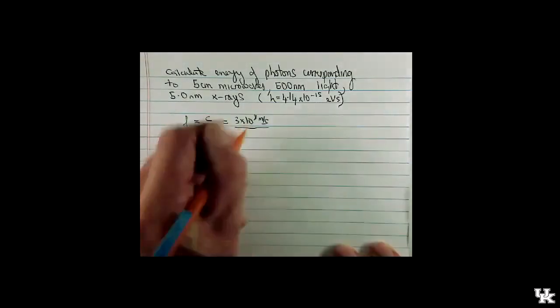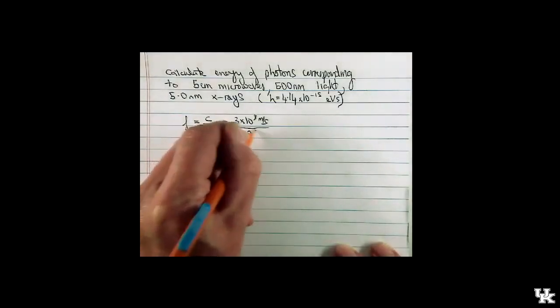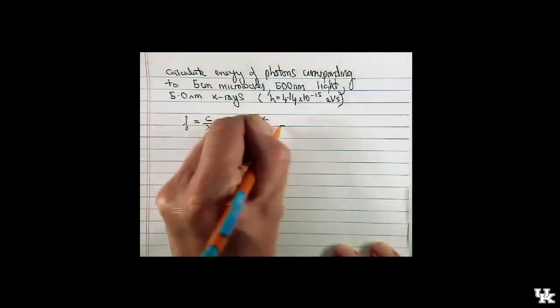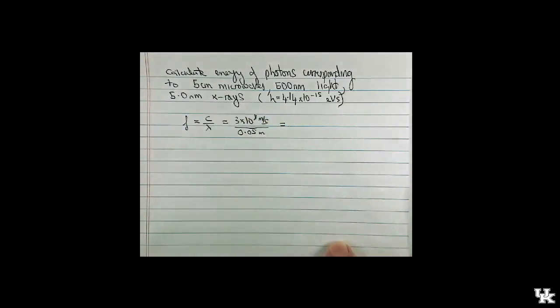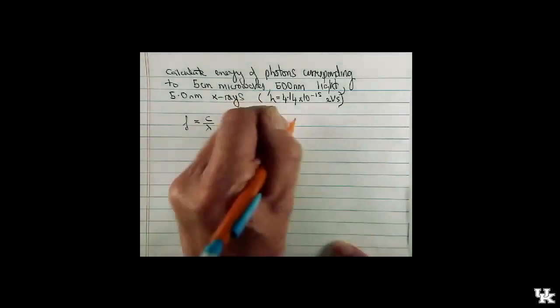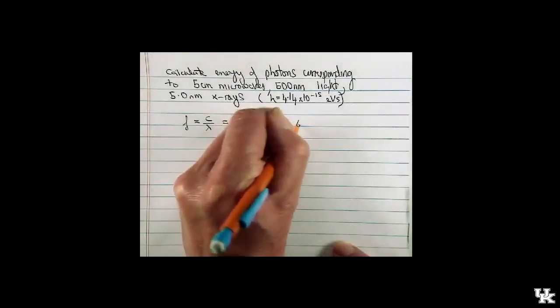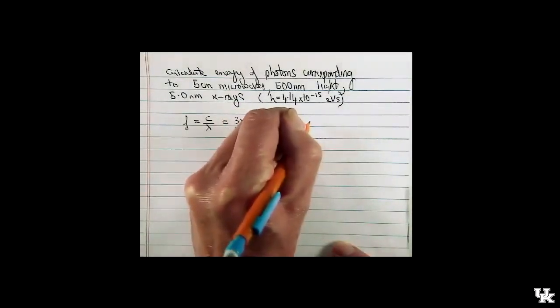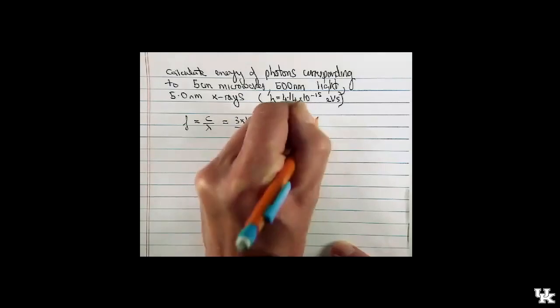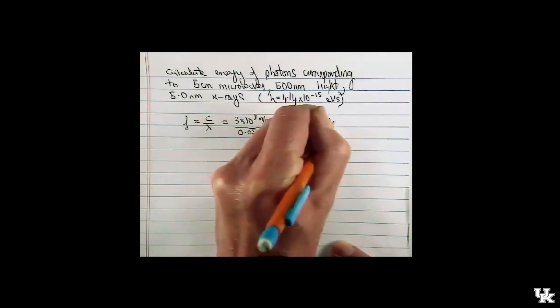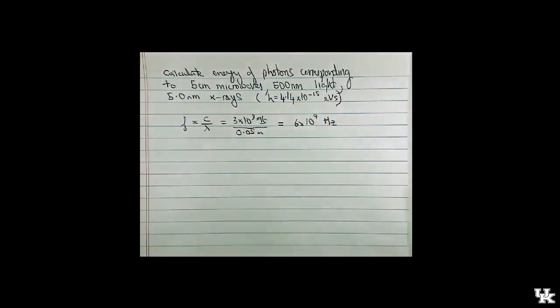Lambda is 5 centimeters, 0.05 meters. So all I got to do is divide 3 times 10 to the 8 by 0.05. I could almost do that in my head if I wasn't standing up here. And that's 6 times 10 to the 9 inverse seconds, or hertz. So 6 billion hertz. 6 billion oscillations a second is the frequency of those microwaves.